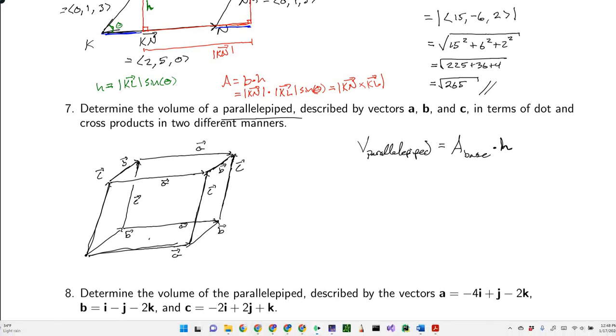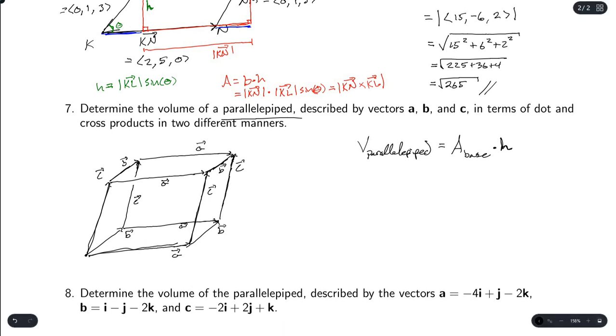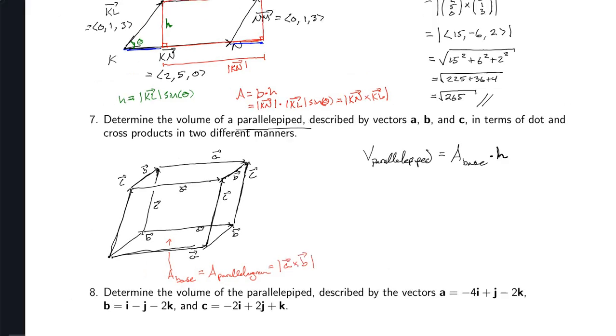So let's look at the base first. Area of the base equals the area of a parallelogram, which is going to be the magnitude of A cross B that we just discussed from the previous problem, right?